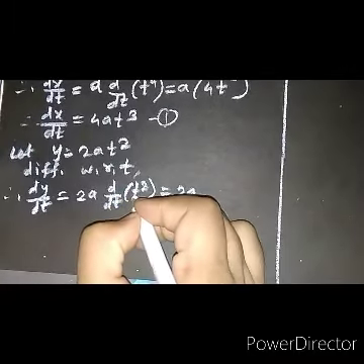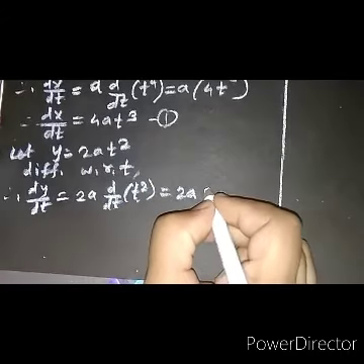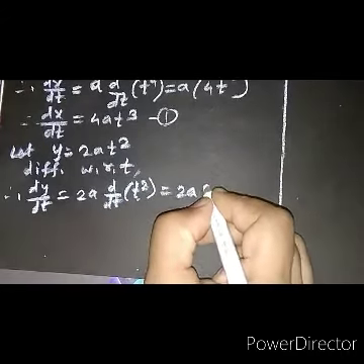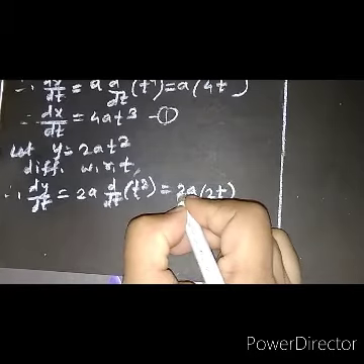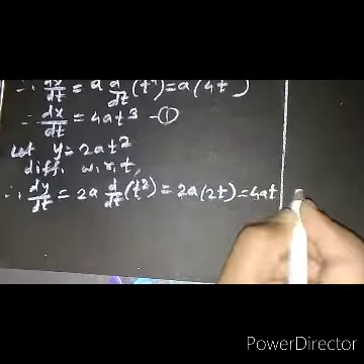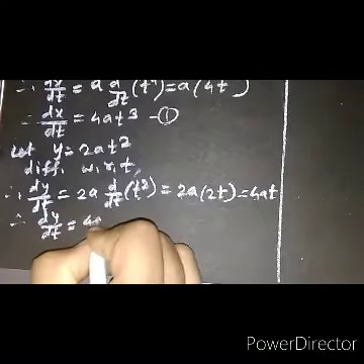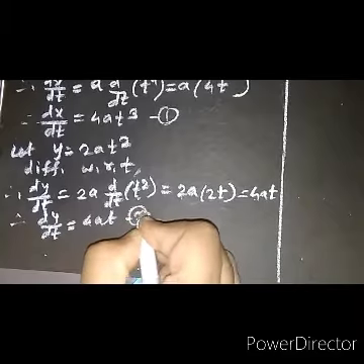We know that d by dt of t square is 2t raised to 1, therefore 2t, and 2 into 2, that is 4at. Now here we got dy by dt is equal to 4at. We can say equation number 2.